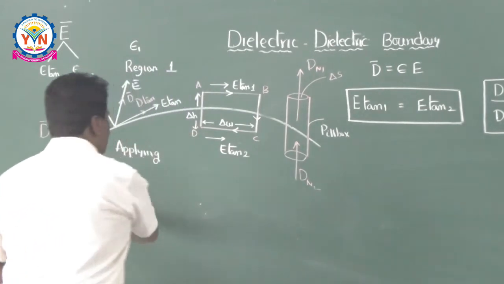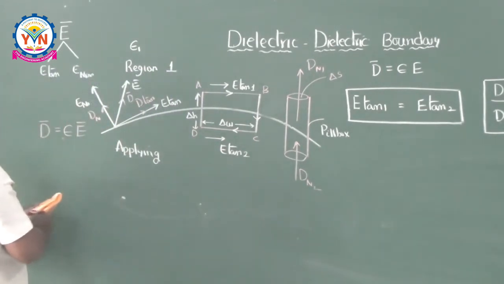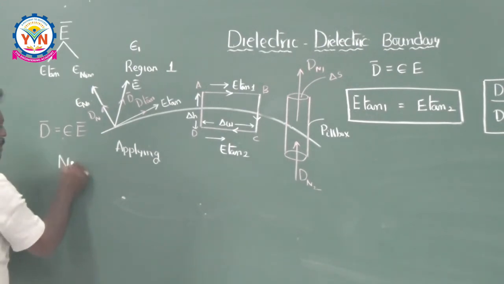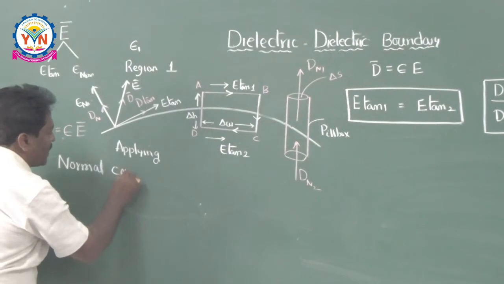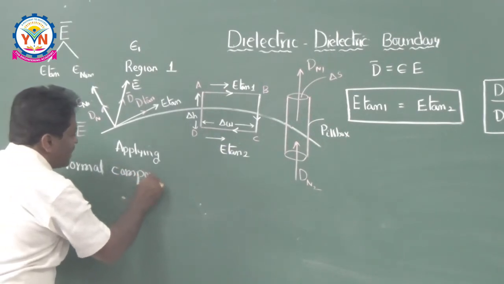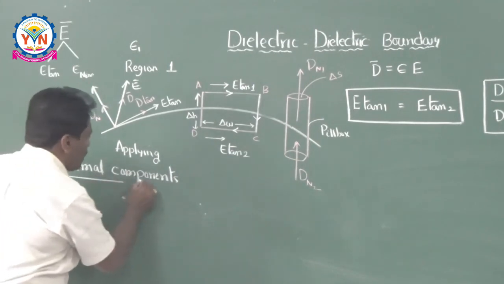Now let us take normal components. Normal components means components at an angle of 90 degrees to the surface of the boundary. That is called normal components.